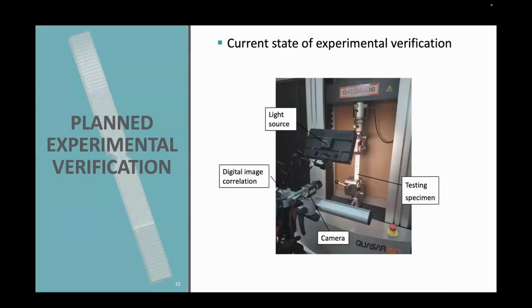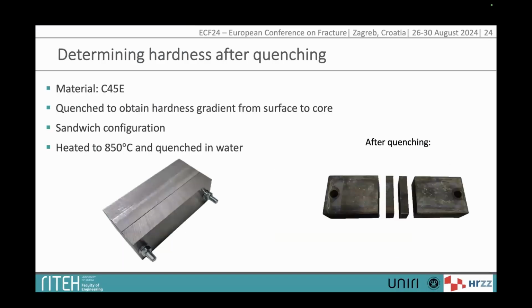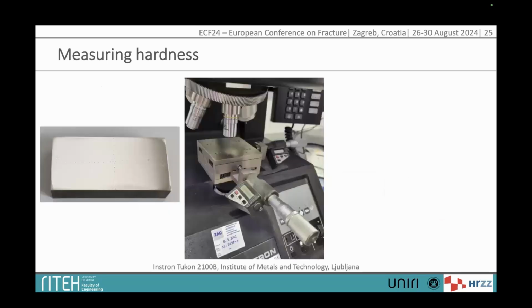And just to quickly show you what is planned for, or what is done here, for experimental verification. So we took this material C45E and quenched it to basically get this hardness distribution that I showed you from the beginning. We did this in this sandwich configuration, so the inside of material. So this inside plate we cut into the 2 pieces and measure hardness in 2 directions.